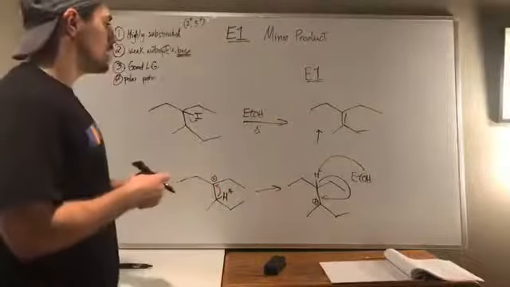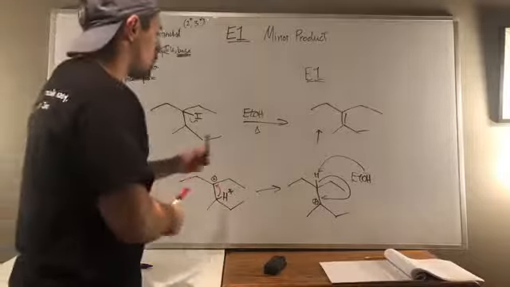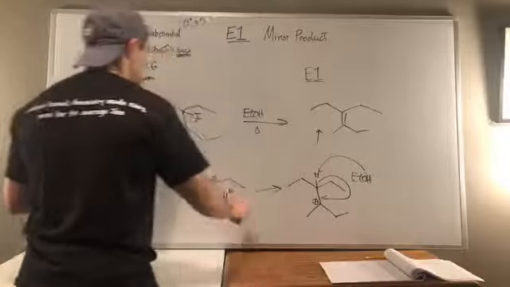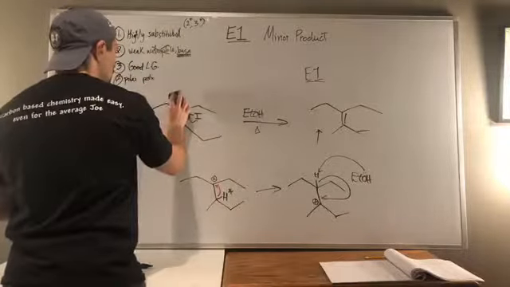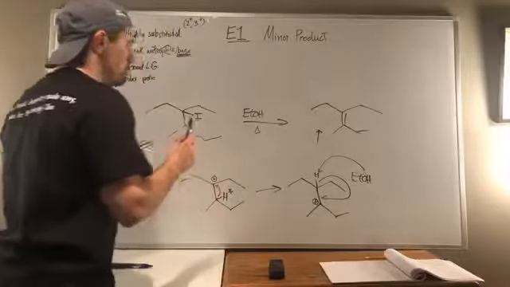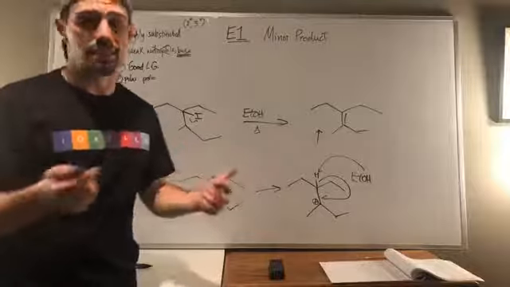Okay, cool. So why I included the delta: the one thing we can do to increase our E1 product is to add some heat.